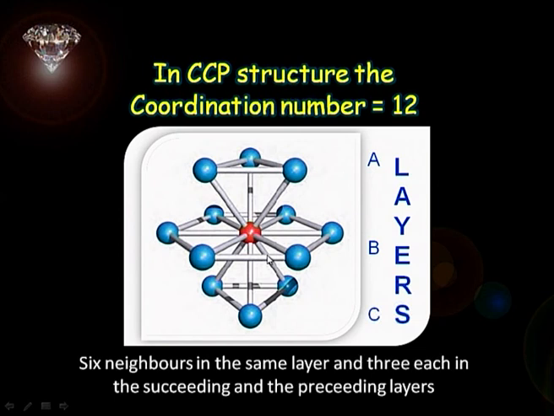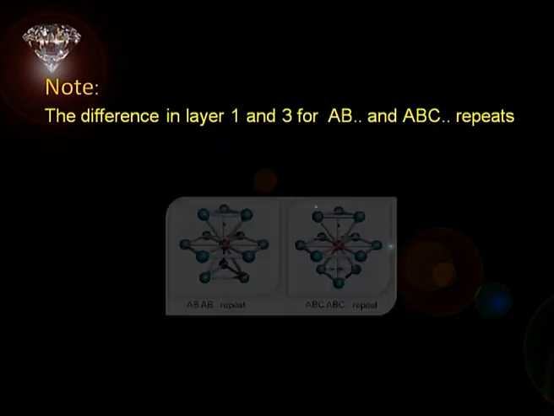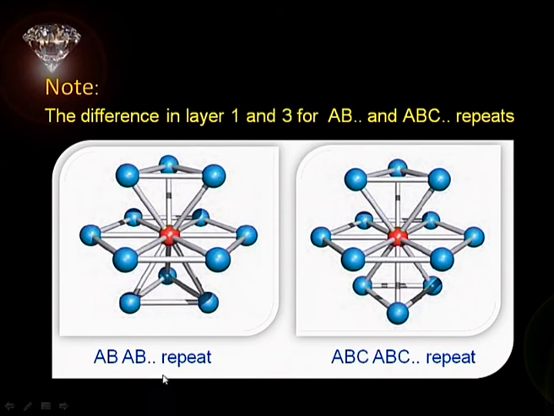But we have to make a small differentiation from HCP. If the things are similar, then what is the difference between HCP and CCP? Let us see the difference here. When we had the AB repeat, there were 6 neighbors in the same layer, fine, here too the same thing is there.